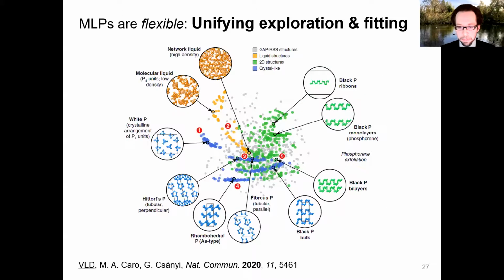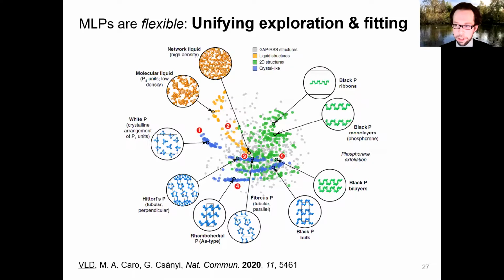This is a potential that we've just published for elemental phosphorus, which combines results from a structure search shown here as gray points with various types of phosphorus structures. We've got phosphorene, we've got the crystalline allotropes, and a range of liquid phases. And all this is now combined into a single potential fitting database.